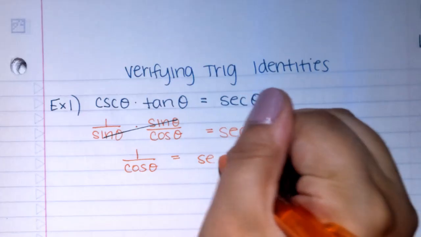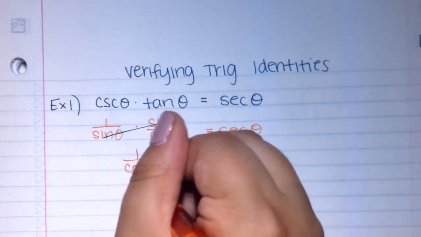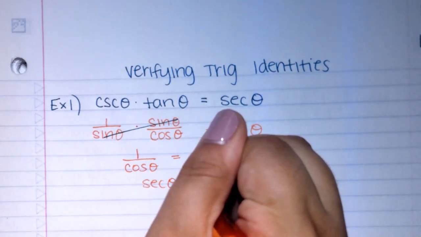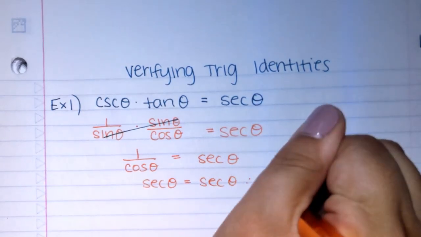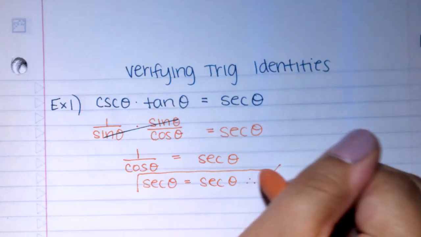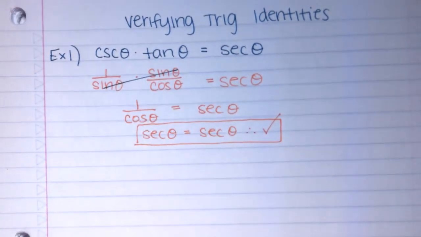And so people are like, Miss Olivares, I'm done. You are not. What is 1 over cosine of theta? You have to state that secant theta equals secant theta, therefore it is true. And now I have verified that that top equation equals secant theta.